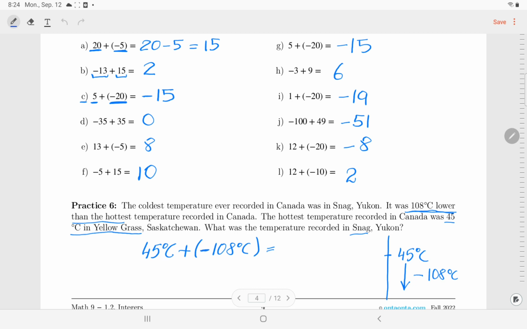The answer must be negative. Now we subtract 108 minus 45. The difference is 63 degrees Celsius. So the coldest temperature ever recorded in Canada is negative 63 degrees Celsius.